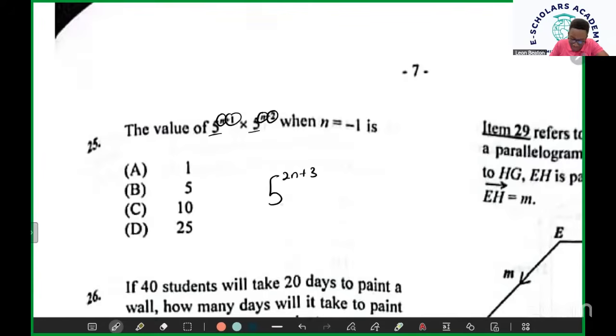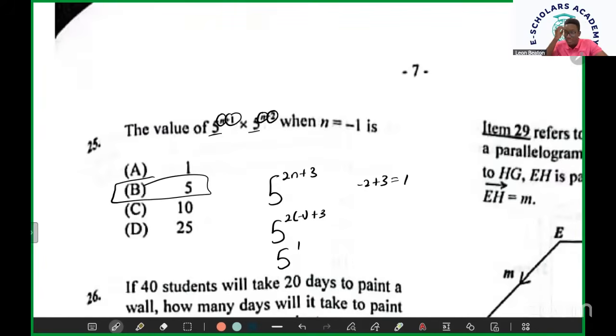They want the value of this when n is -1. So this would be 5 raised to the 2 times -1 plus 3. So 2 times -1 is -2 plus 3. -2 plus 3 is simply 1. So this is basically 5 raised to the power 1, which is simply b. Right?